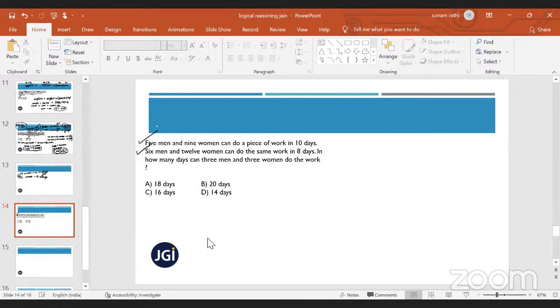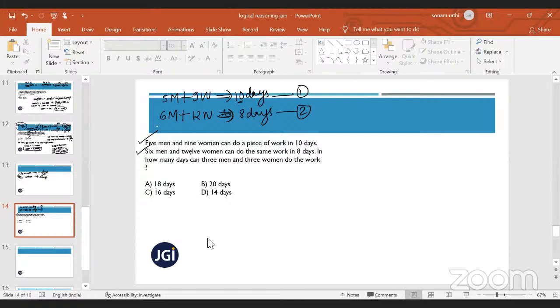Okay, so 5 men plus 9 women is given to me in 10 days. Equation 1. Equation 2, 6 men plus 12 women is equal to 8 days. Now I will make it one day.